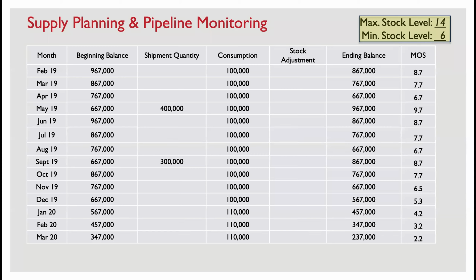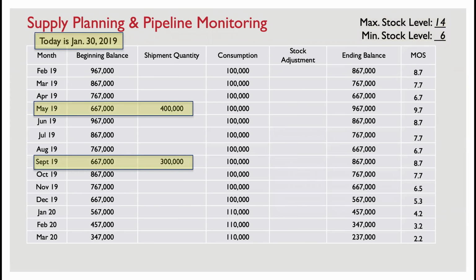The national minimum is the sum of minimum stock levels at each level in the system. Let's suppose that today is January 30th, 2019. Our previous quantification would have planned the May 2019 and September 2019 shipments that we see highlighted here. So now for us in January, we are looking beyond those dates.